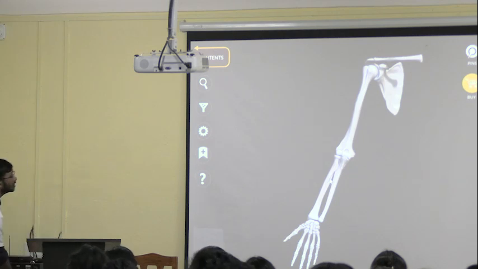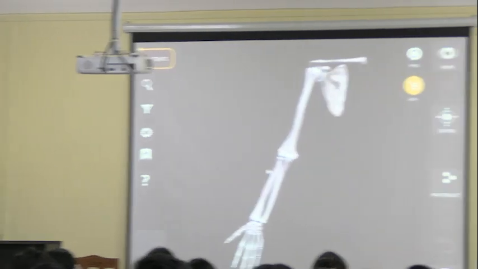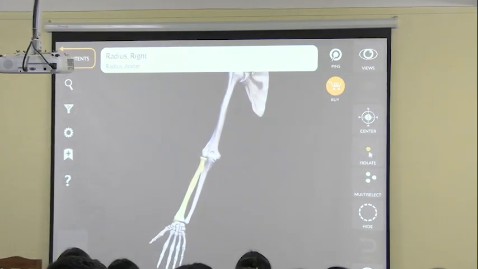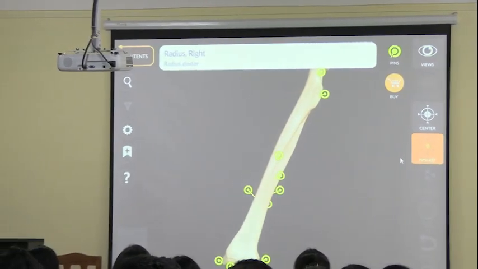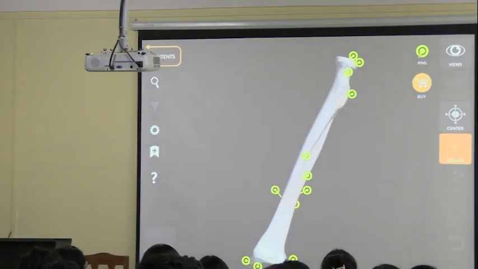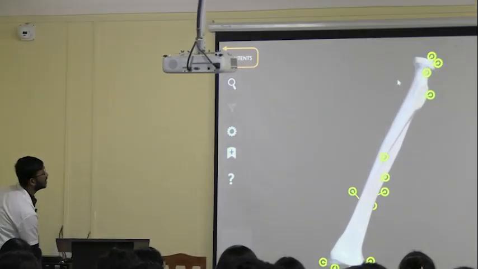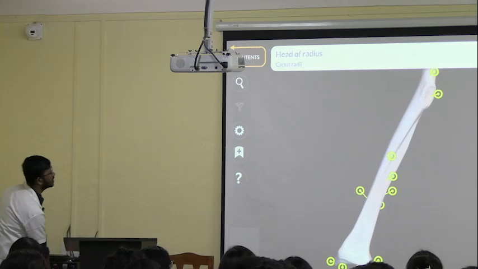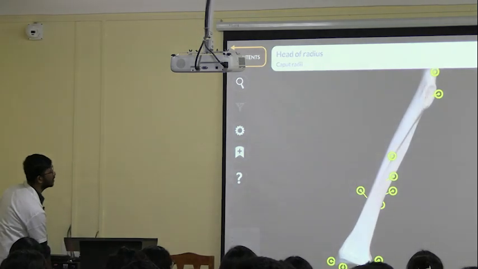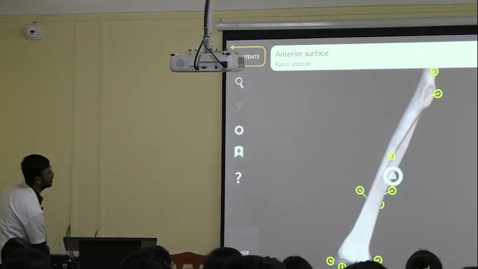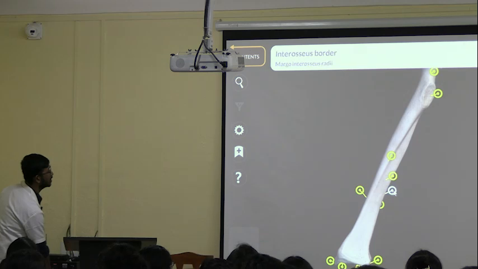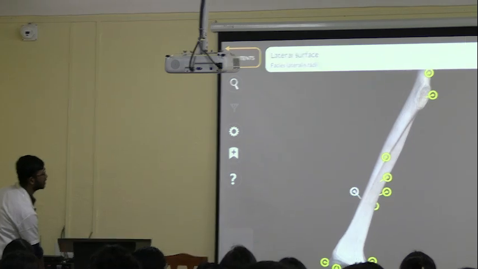And let us also see this bone. If we isolate the radius, see, this is the radial articular fovea, and this is the head of the radius which usually articulates with the capitulum, and this is the radial tuberosity as I have said, and this is the anterior border, this is the anterior surface, this is the interosseous border, and this is the lateral surface.